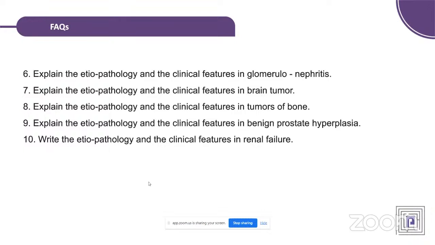And then etiology and clinical features in glomerulonephritis. So what is the most common cause? Here also, post-streptococcal glomerulonephritis is the most common type in glomerulonephritis. Here the glomerulus is injured, it is again inflamed, and the function of the glomerulus will be affected, which can lead to symptoms like proteinuria and hematuria, blood in the urine and proteins in the urine.